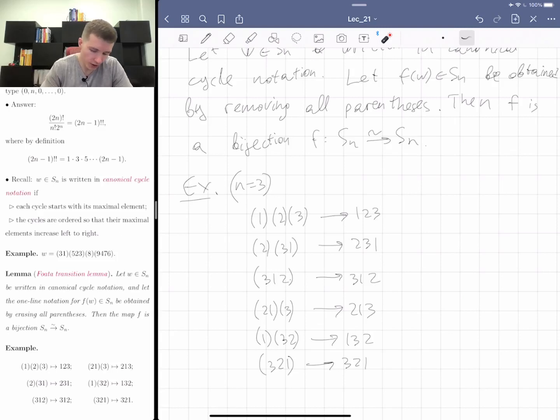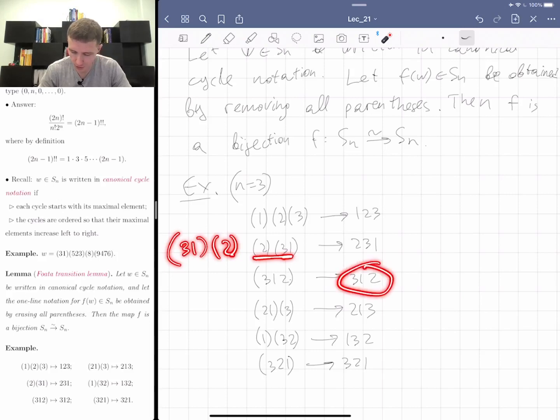So this has to do with the conventions I chose. Although they seem arbitrary, they are chosen very carefully. In particular, if instead of 2, 3, 1, I wrote 3, 1, 2, which is the same permutation as this one, it would have appeared already for this cycle here.